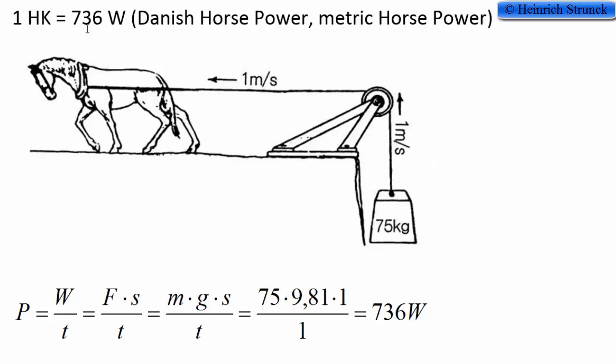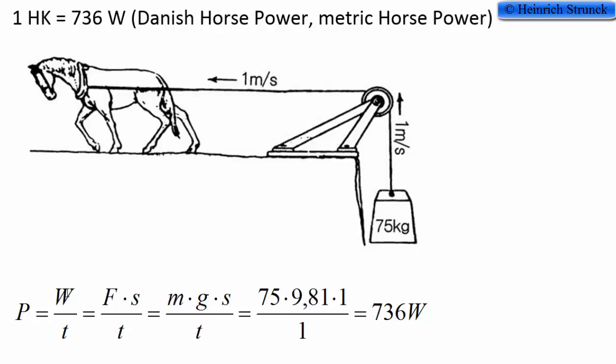The basis of 1 Danish horsepower is that we have to lift 75 kilogram 1 meter in 1 second. And then we know the power we have to give to this load.